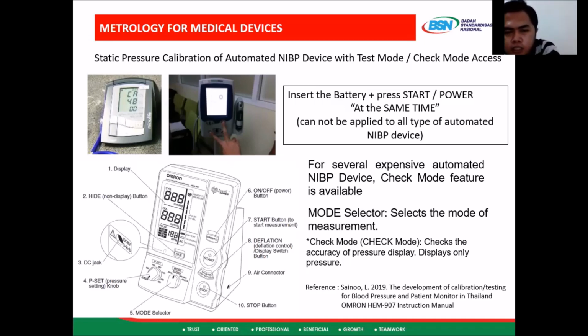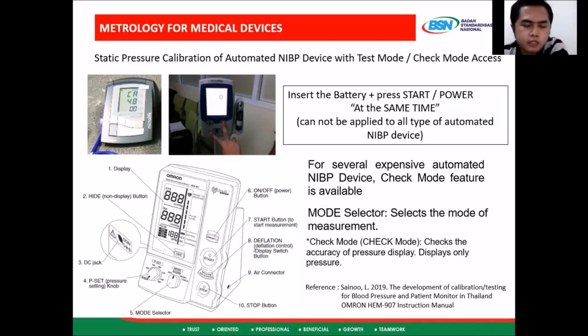and we can calibrate the static pressure. The traceability for the static pressure is important since the device determines the systolic and diastolic blood pressure from the pressure value itself.